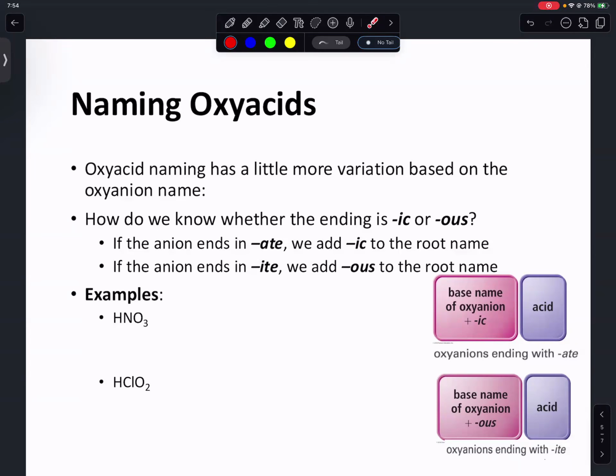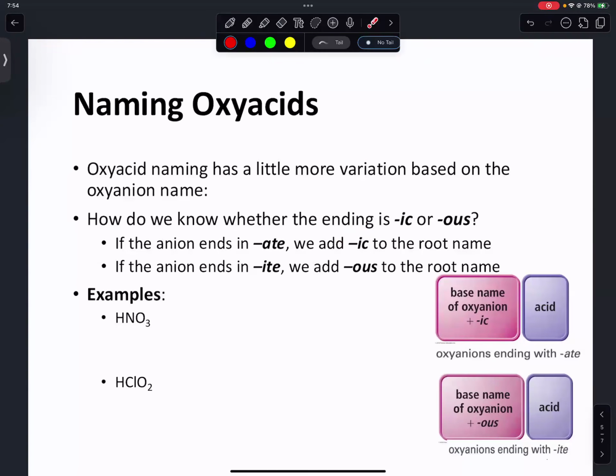Some oxyacids end in ic or ous suffixes. If the oxyanion ends in ate, so remember ate is used to indicate that there are more oxygens, we drop the ate and convert it to ic in the root of the name.